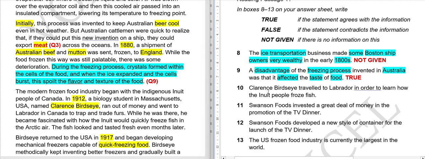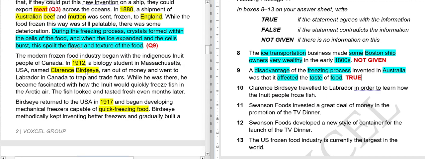10th question. Clarence Birdseye traveled to Labrador in order to learn how the Inuit people froze fish. Again, I don't have to read it, but we will, because we don't want to take any risk. Here in the question they are saying this particular person, Clarence Birdseye, traveled to this particular place.